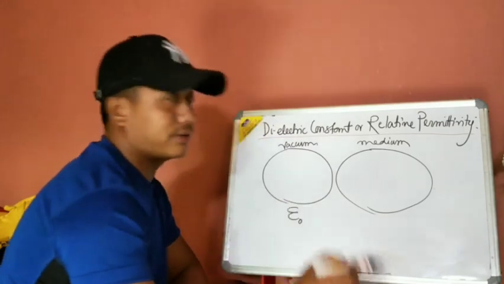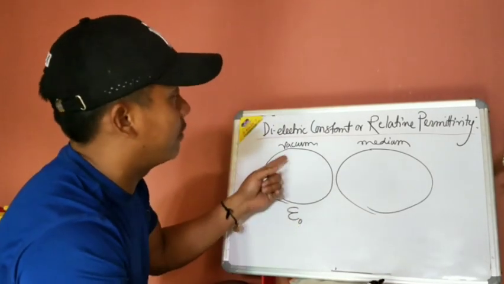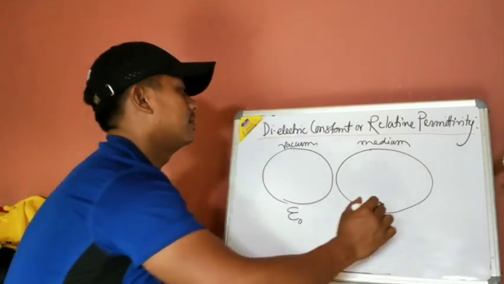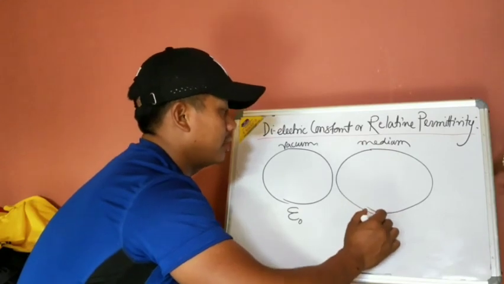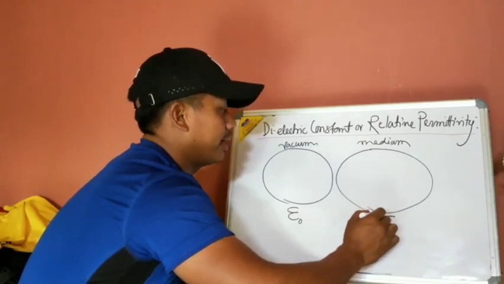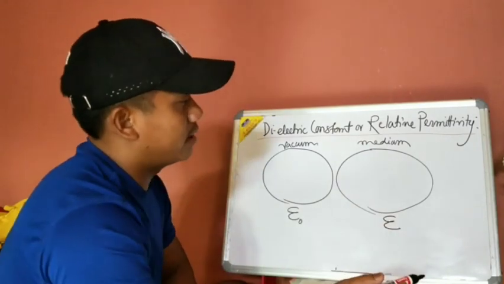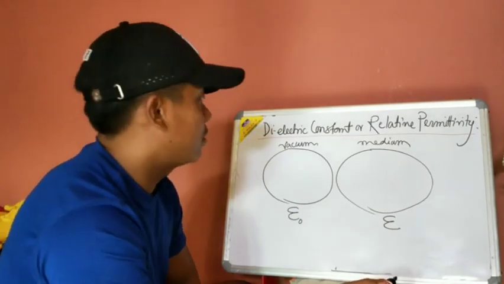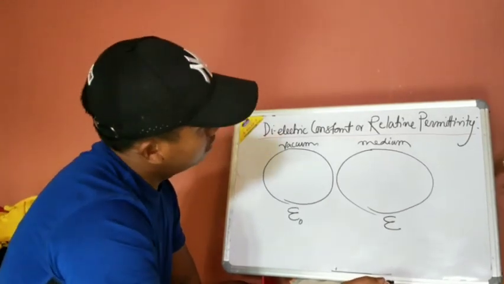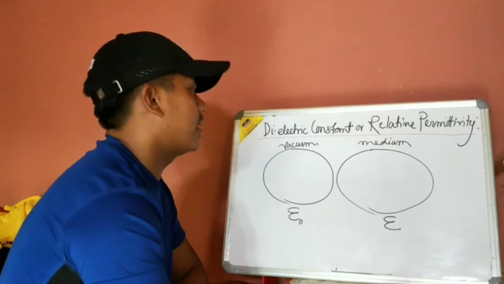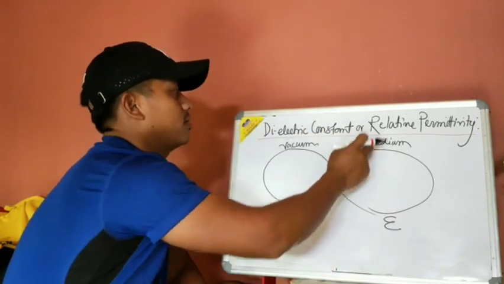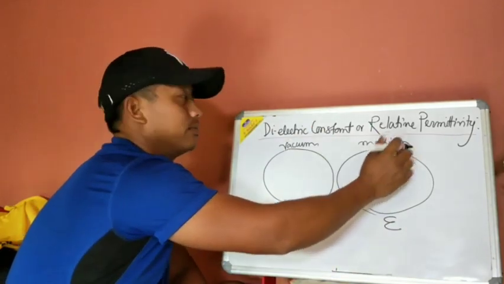Epsilon naught is the absolute permittivity of vacuum. For the other medium, we denote the absolute permittivity as epsilon. Then we are going to define the dielectric constant or relative permittivity of this medium.